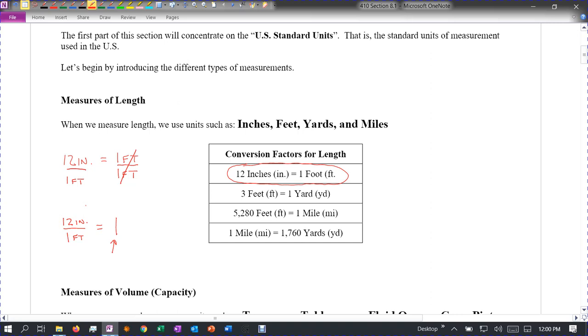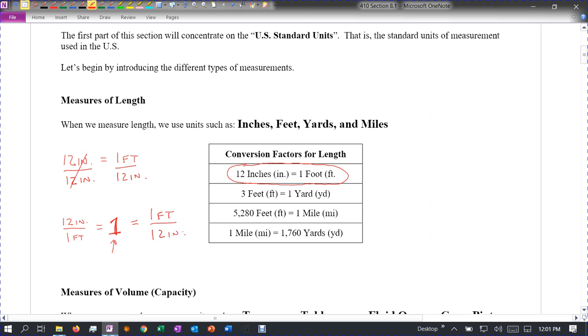Okay, so we have that. Now we could have also started the problem here. Instead of dividing both sides by 1 foot, we could divide both sides by 12 inches. If I do that, then the left side cancels out and I get 1, so I'm just going to put that 1 right here again. But the right-hand side becomes 1 foot over 12 inches.